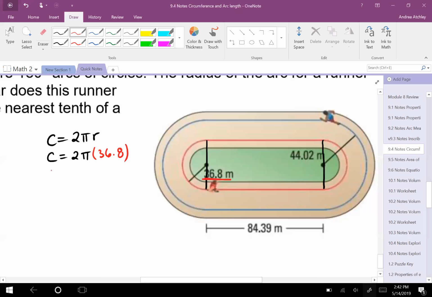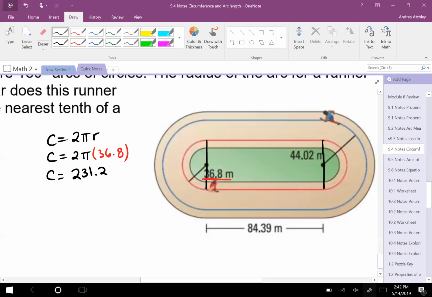And I got the circumference to equal 231.2. Okay, that's just the outside of the circles, right? Here and here. They want to know how far around the whole track it is.